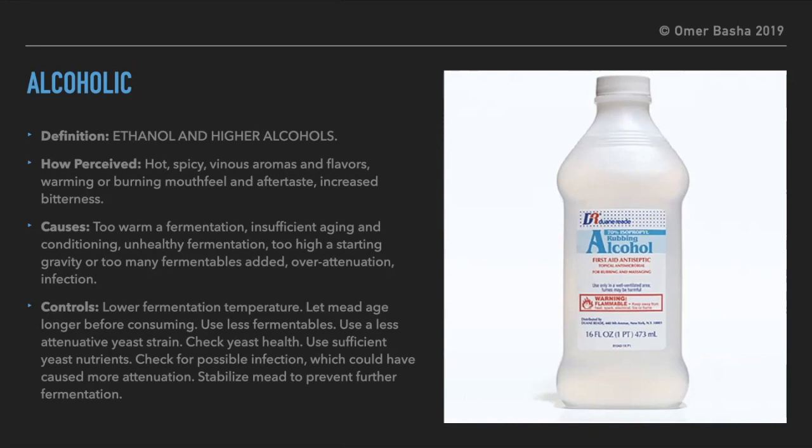To control, lower the fermentation temperature, let the mead age longer before consuming it, use less fermentables, use a less attenuative yeast strain, check for the yeast health, use sufficient yeast nutrients, check for possible infection, which could have caused more attenuation, and also stabilize the mead to prevent further fermentation.